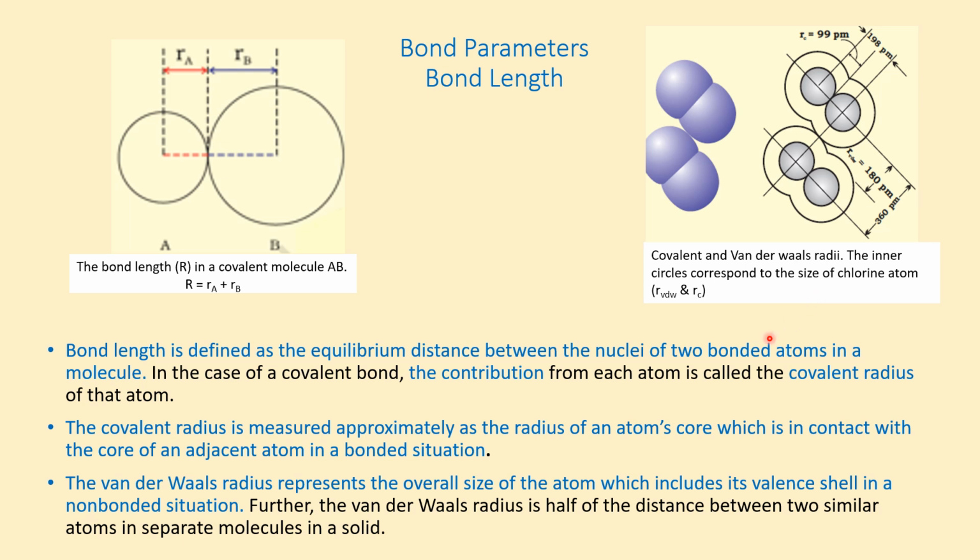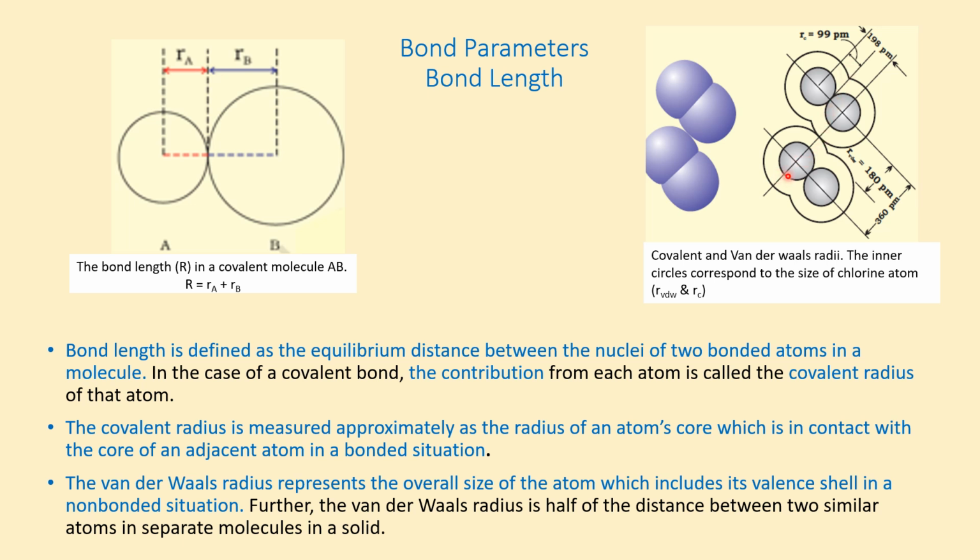The inner circles correspond to the size of the chlorine atom, and the covalent radius RC is shown here. That is, the distance between two centers is 198 picometers, divided by 2, so RC is equal to 99.